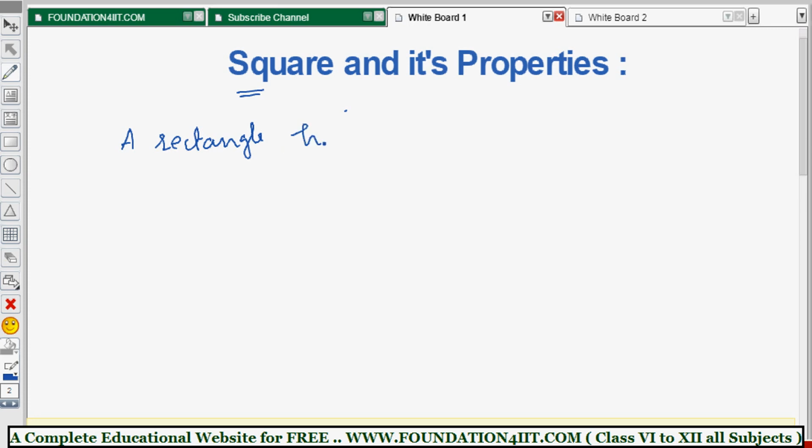A rectangle having all sides equal, if every side is equal, then only we can call it a square. So all sides equal is called a square. This way you can define.